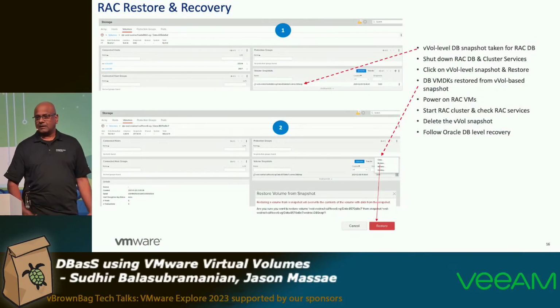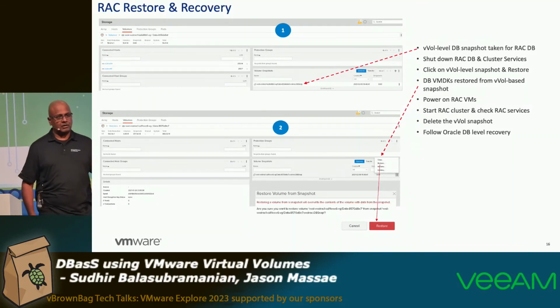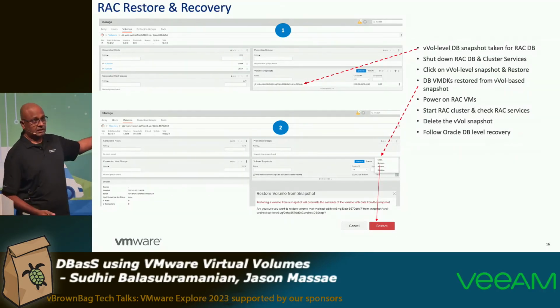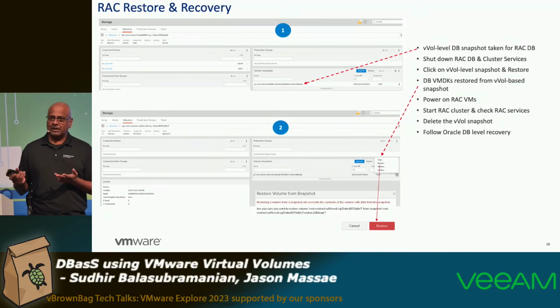RAC. If I have to restore an Oracle RAC, remember, you cannot take a snapshot of an Oracle RAC using multi-writer VMDK because of KB article 1034165 or 2121181 for vSAN, because it's disallowed. I just took a storage-based snapshot. So I shut the Oracle RAC down. If I want to, I take a storage-based snapshot. I bring it back up. The Oracle DBAs do their patching. Something has horribly gone wrong.